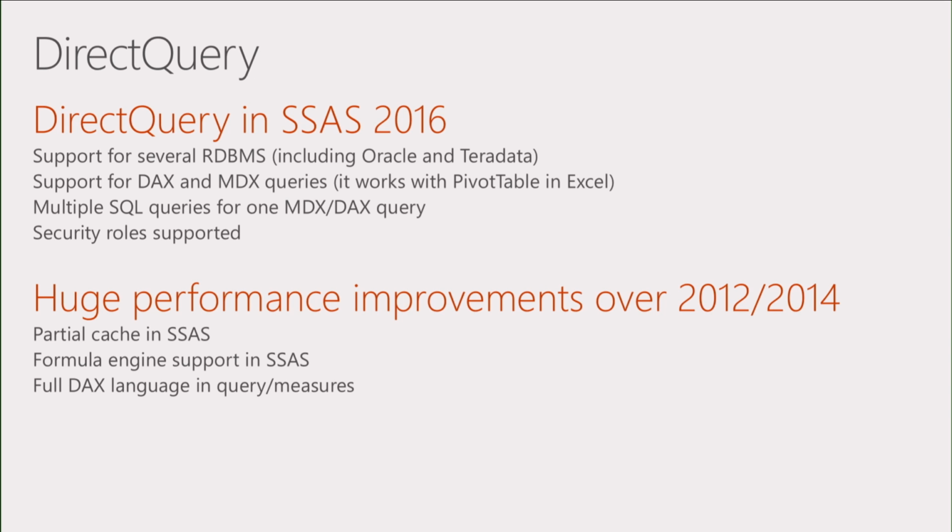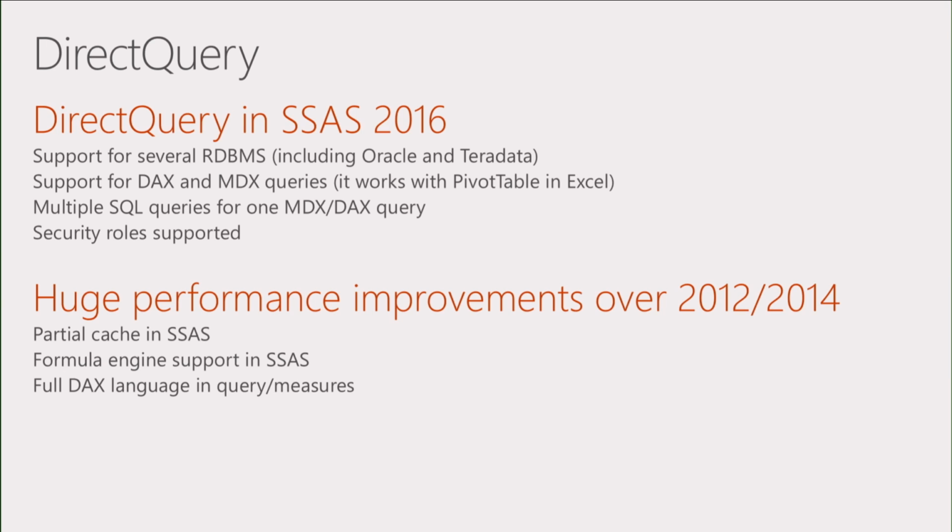So there were a lot of limitations in the DAX functions that you were able to use in DirectQuery, and DirectQuery was supported only for DAX queries and not for MDX. What is the consequence? A pivot table in Excel generates queries in MDX, so you were not able to use Excel as a client for a DirectQuery model.